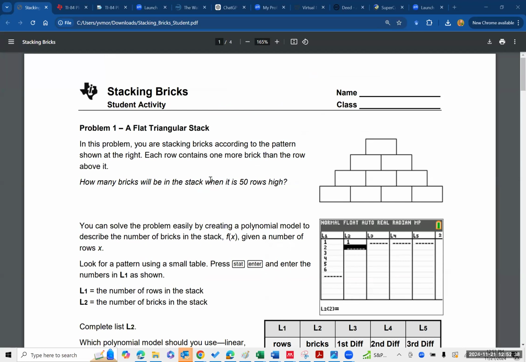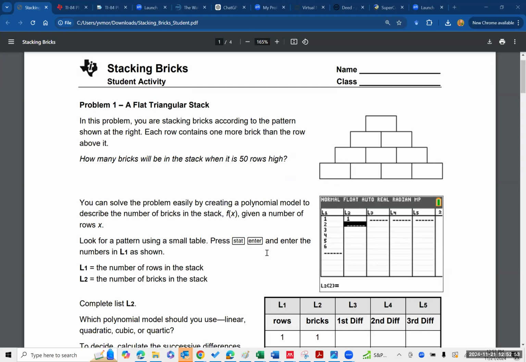It says you can solve the problem easily by creating a polynomial model to describe the number of bricks in the stack, given a number of x rows. Look for a pattern using a small table, press stat enter to enter the numbers in L1 as shown.